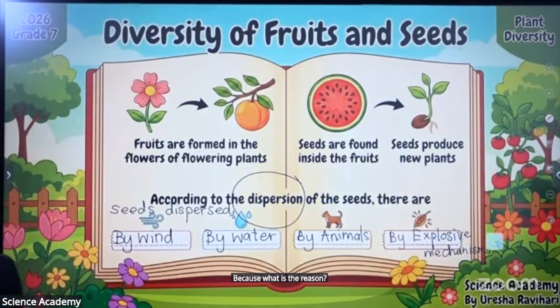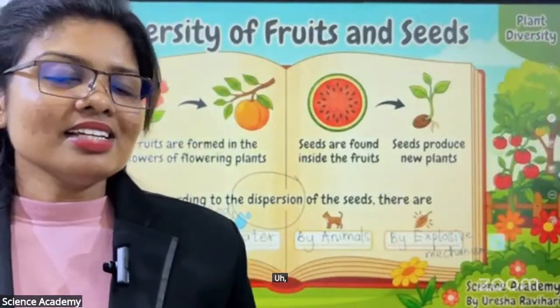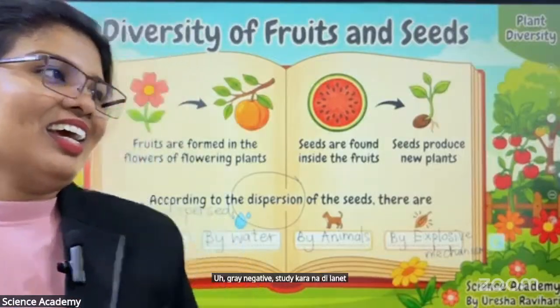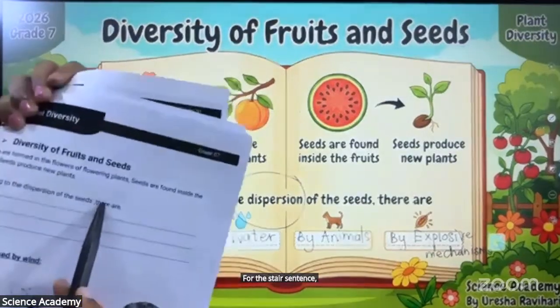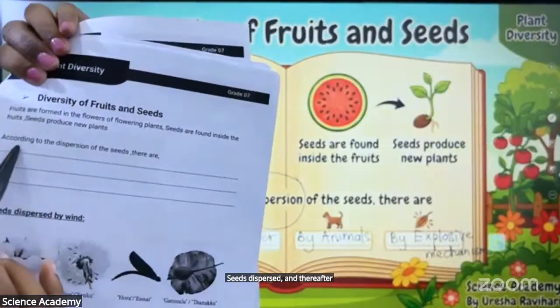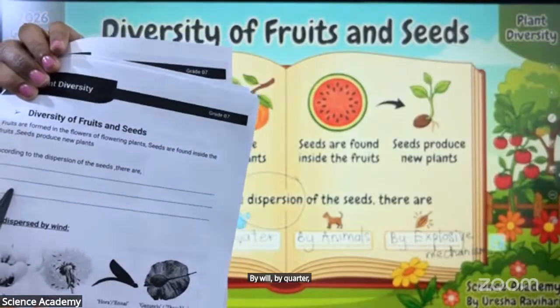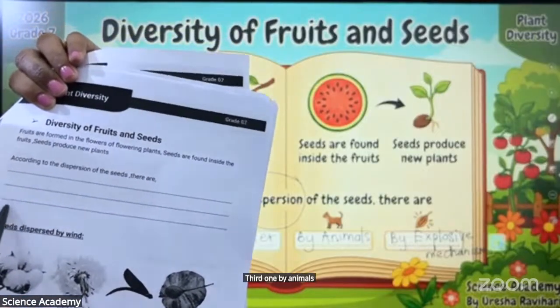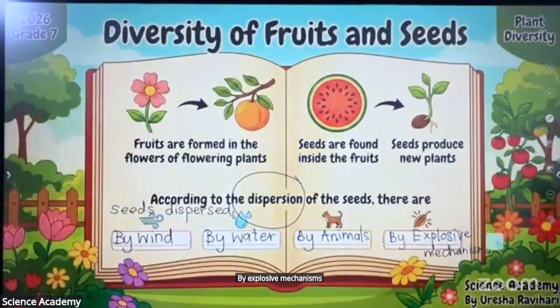Because it is not in your grade, they have not given it to you to study in your grade. Okay? So for this sentence, please attach seeds dispersed and thereafter put one by wind, by water, third one by animals, and then put a star and write down by explosive mechanisms also. Okay. Done.